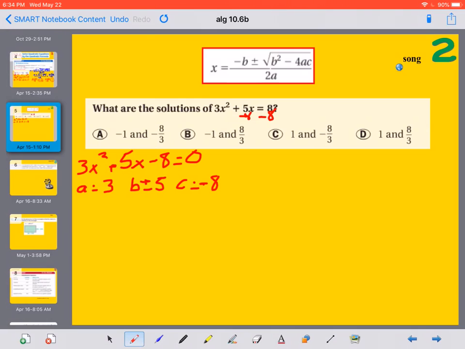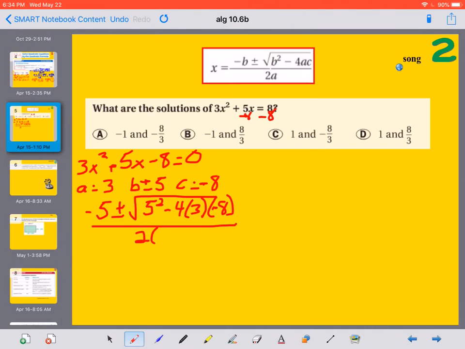So negative b this time is going to be a negative 5 plus or minus the square root of 5 squared minus 4 times 3 times negative 8, divided by 2a, which is 2 times 3.